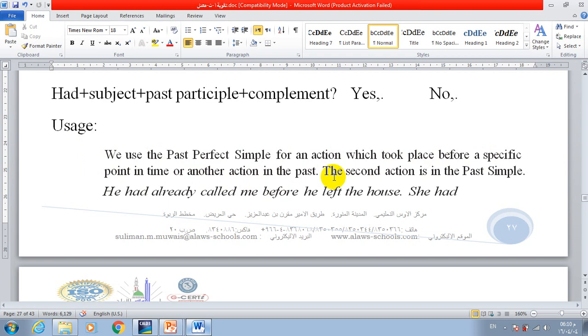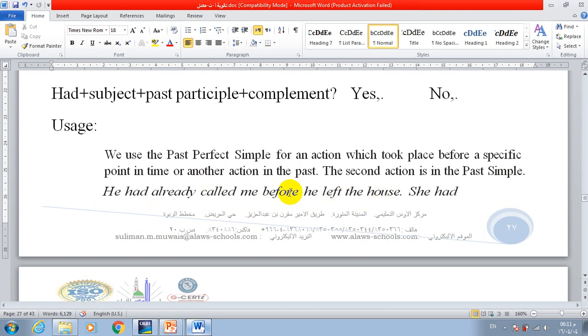And the second action is in the past simple, but the first action is in the past perfect simple. Like you see in the example, he had already called me before he left the house.